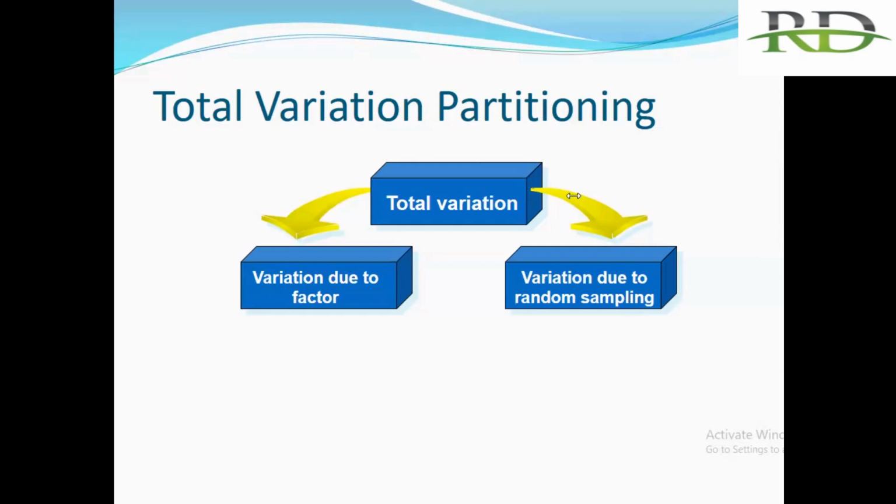In case of ANOVA, alternative means that variation is due to the factor under study. So null means that there is no variation, and alternative means that variation is due to the factor. So if null is accepted, in that case we say that whatever variation is there may be by chance.